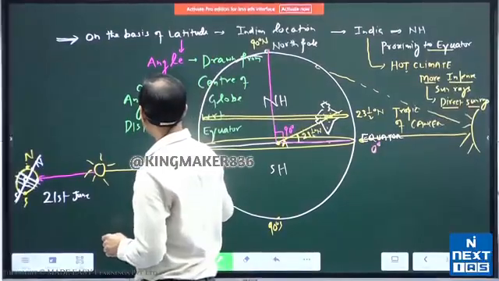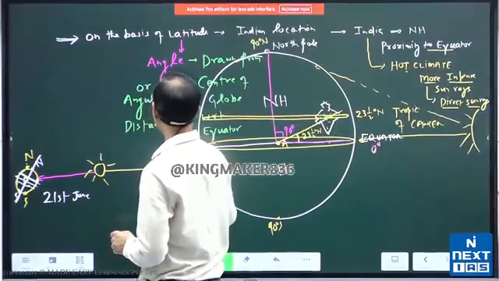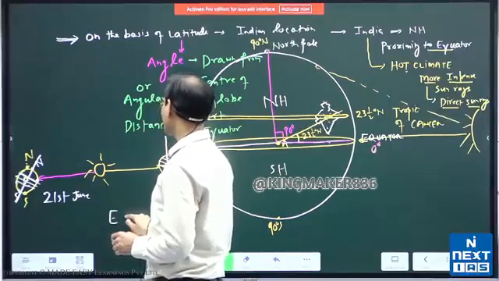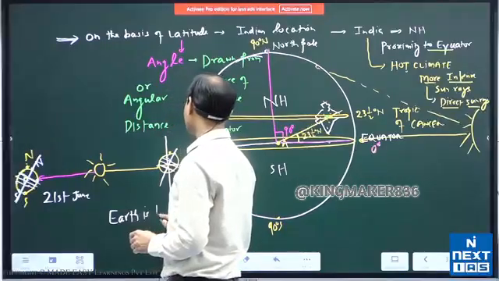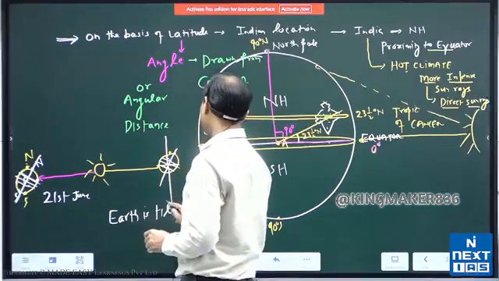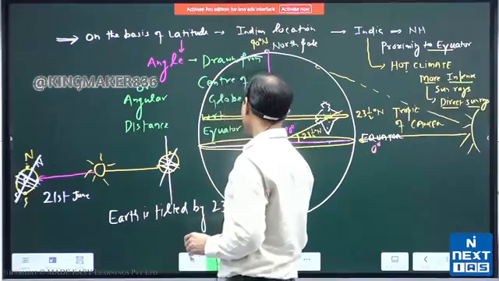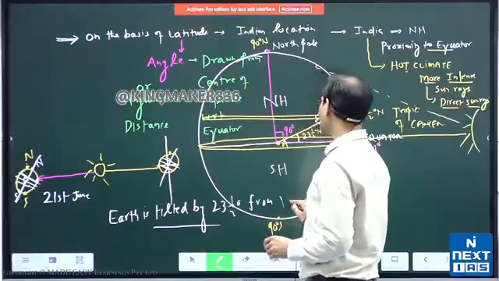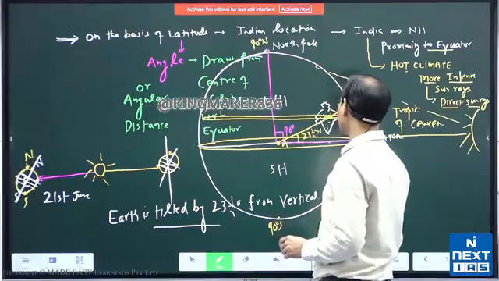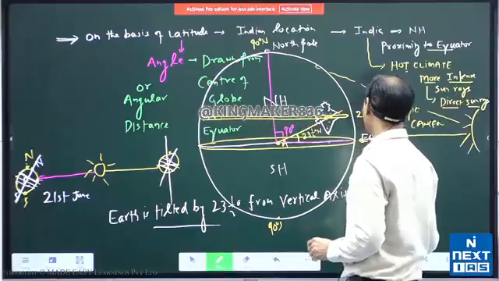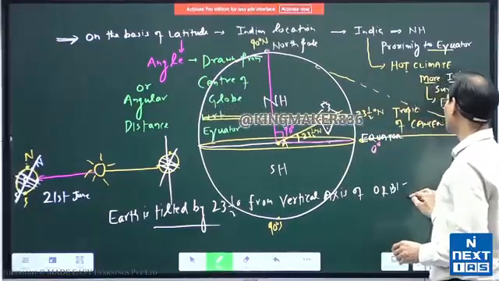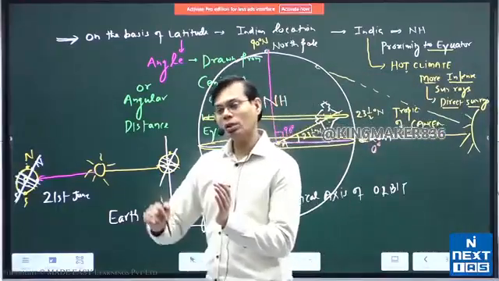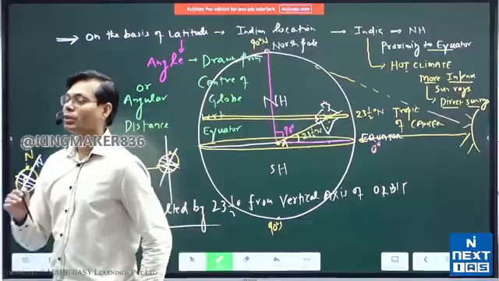The earth is tilted by 23.5 degrees from the vertical axis of the orbit. That's why 23.5 degrees latitude automatically gets more sunlight at a particular time.